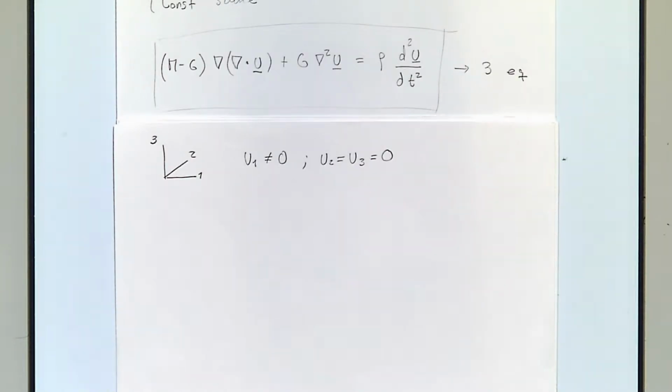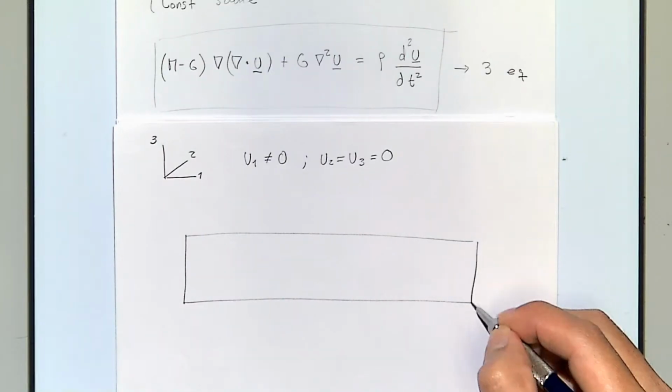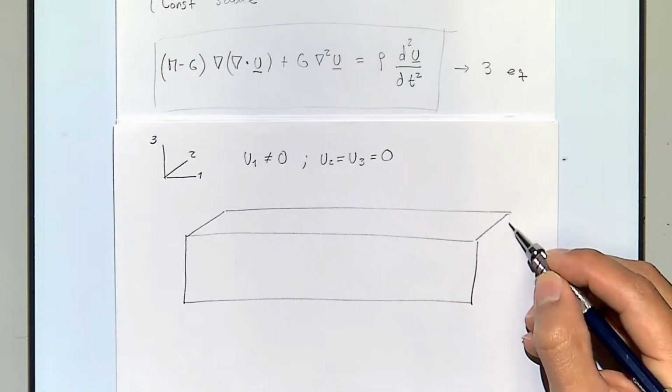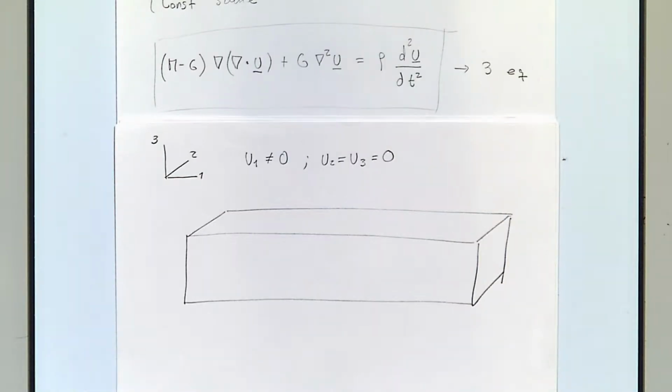If I want to show more or less what this wave is going to look like, it's going to be something like this. Let me make a schematic of a bar in 3 dimensions. Although I'm showing a bar here, you should imagine this as an infinite medium in all directions.